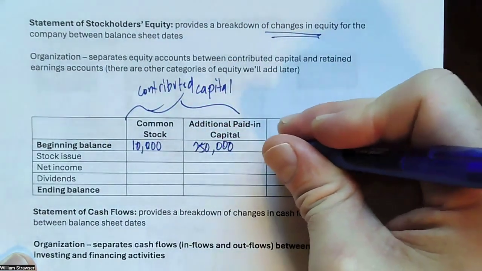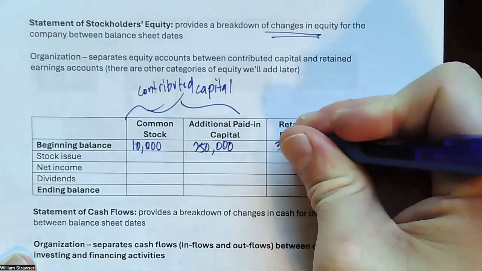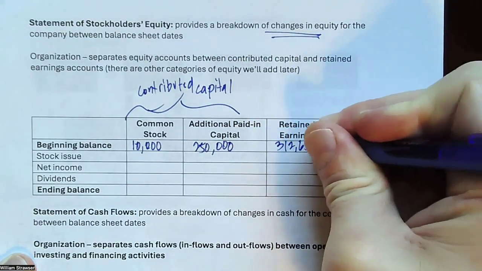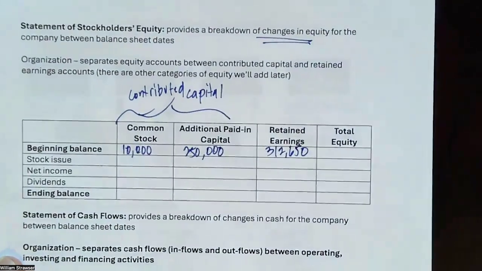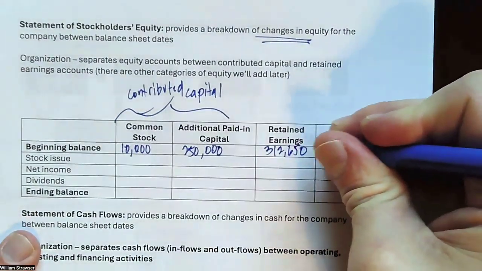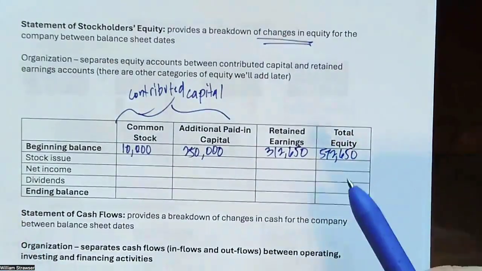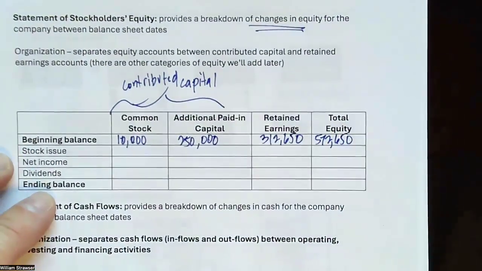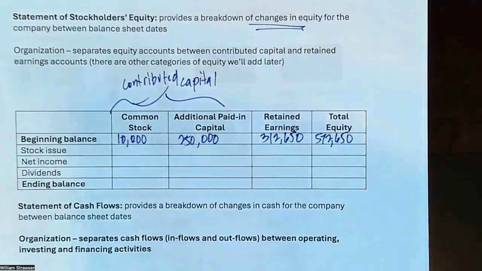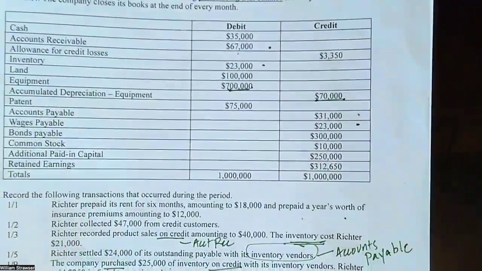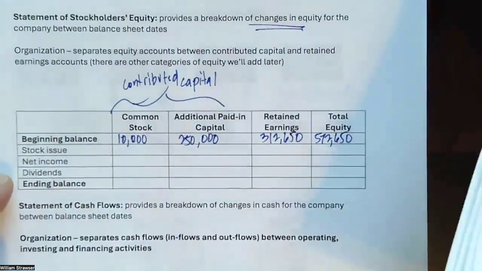And the beginning point for my retained earnings was 312,650. So if I add that across, my total equity is 572,650.